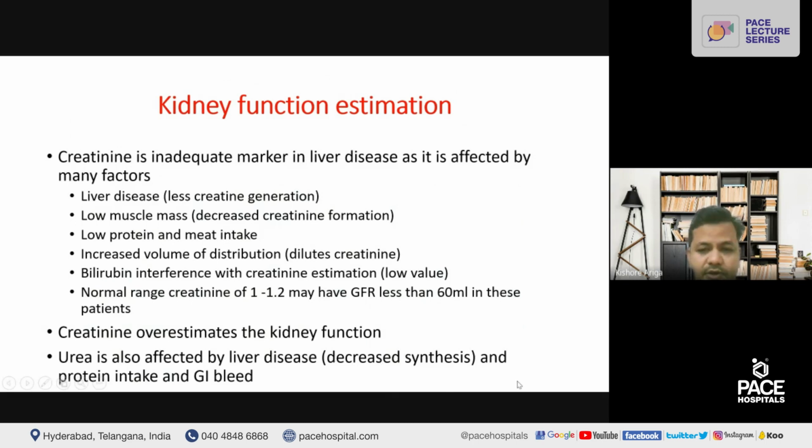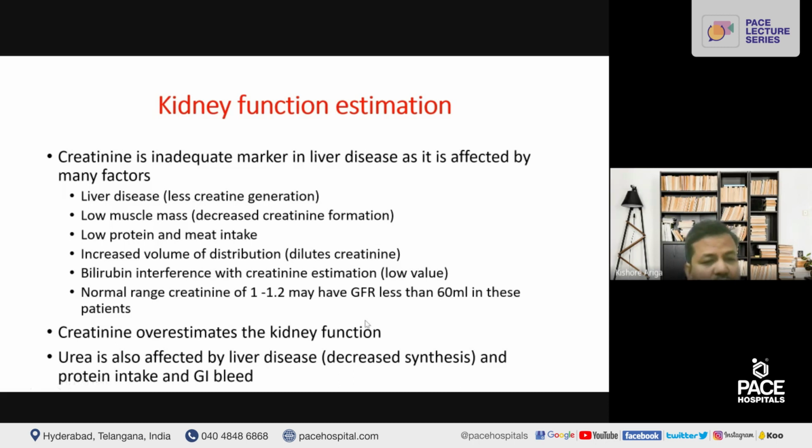In our hospital we do a modified Jaffe assay; I have confirmed with the biochemist. The interference is present if the bilirubin level is generally more than 30, but they have a correction factor to take care of it. Because of all these factors, even if creatinine is normal in the range of 1 to 1.2 with respect to any other patient, it may suggest a GFR of less than 60 ml in these patients. So creatinine overestimates kidney function in patients with cirrhosis.